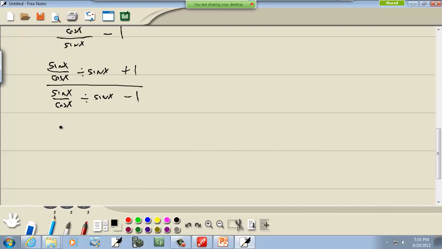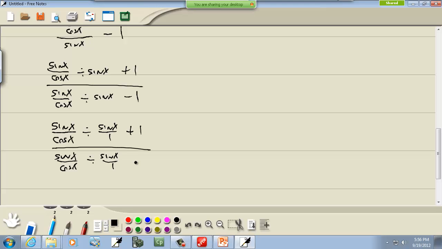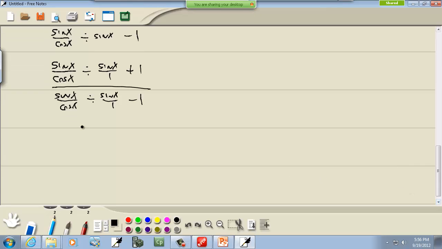Well, if I'm going to divide fractions, it's helpful if they're both fractions. So this would be sine x over cosine x divided by sine x over 1 plus 1. And this one will be the same thing: sine x over cosine x divided by sine x over 1 minus 1. Well, we never actually divide fractions.